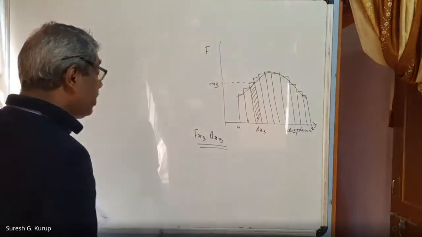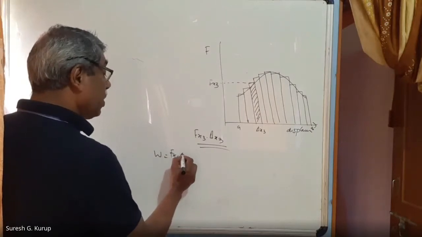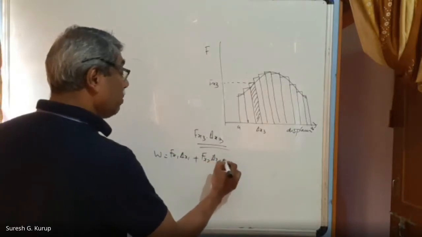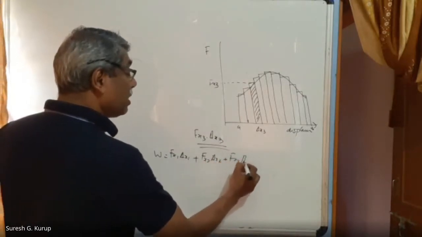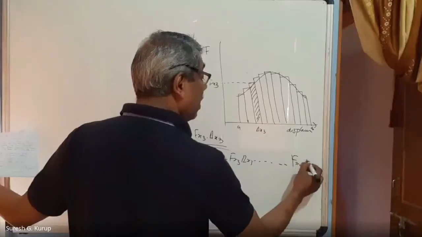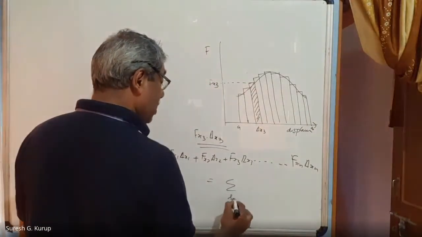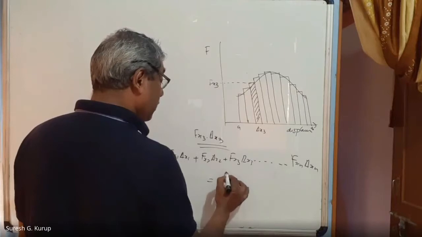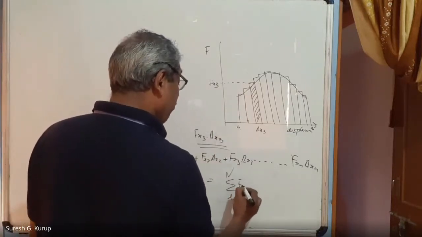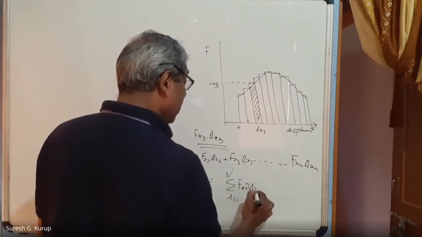So the total work done W, I can write, is Fx1 delta x1 plus Fx2 delta x2 plus Fx3 delta x3 plus etc., plus Fxn delta xn. This is equal to sigma i equals 1 to n of Fxi delta xi.